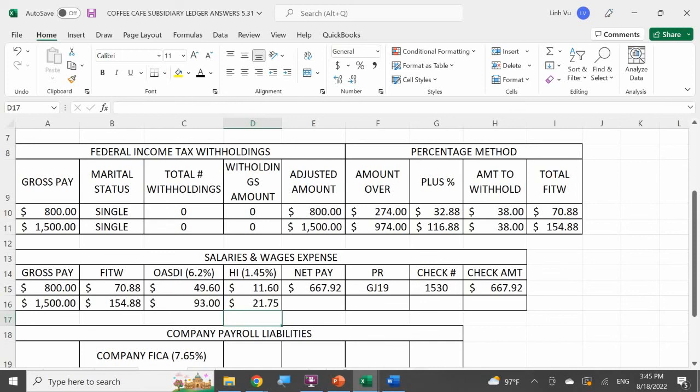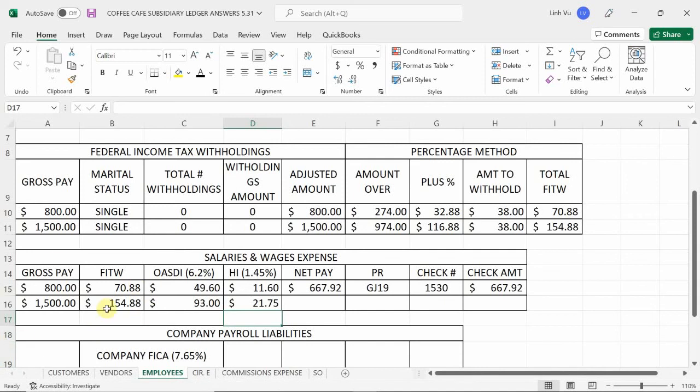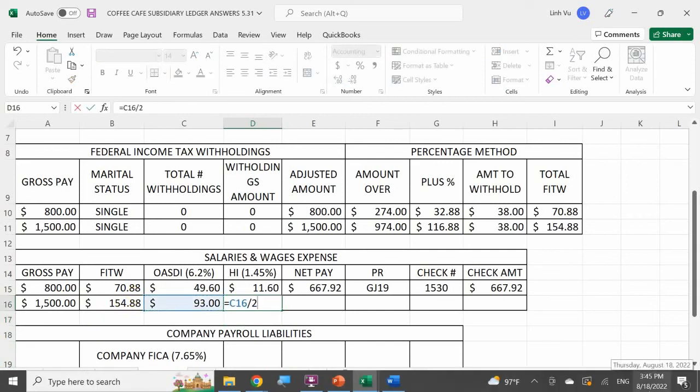You said 21.75? Half of 93 is 46. Let me do that math again real quick. Oh wait, sorry, I'm on the wrong one. This is 1.45%. You're right.